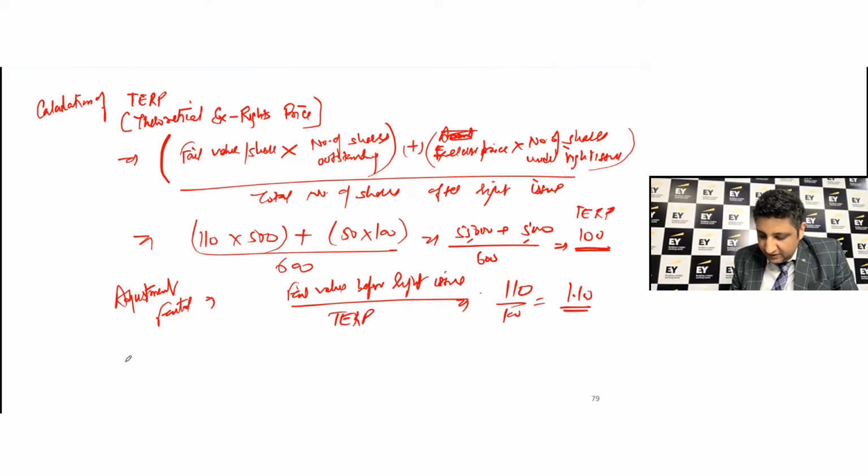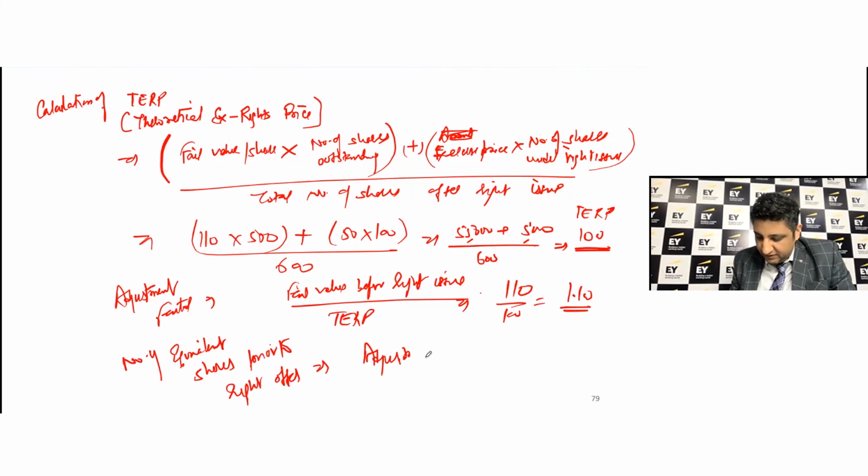Okay. Now what you want to remember here further is that the equivalent number of shares prior to right offer is the adjustment factor, which is 1.10, multiplied by the number of shares outstanding, which is 550.